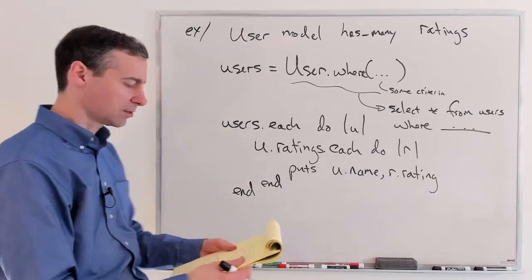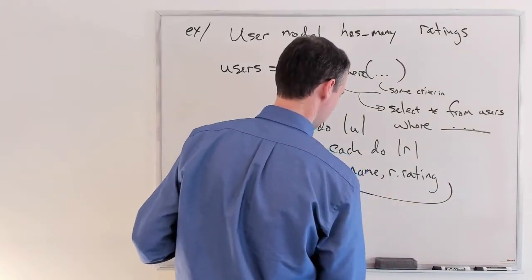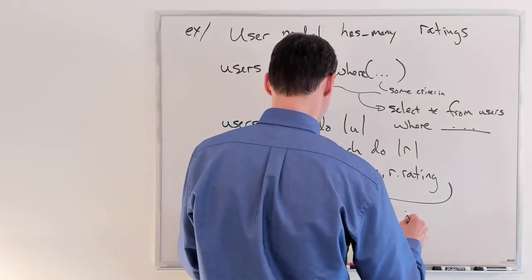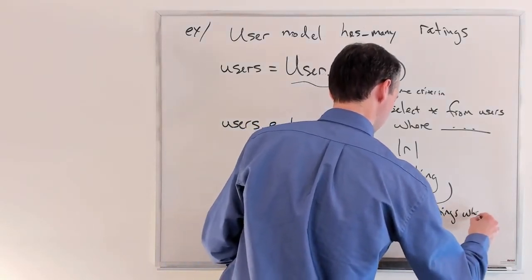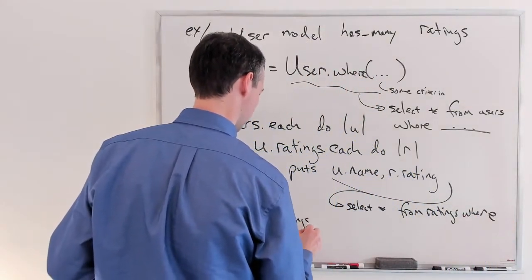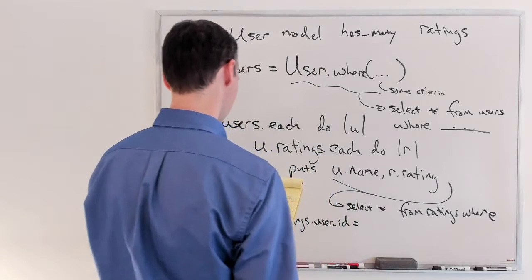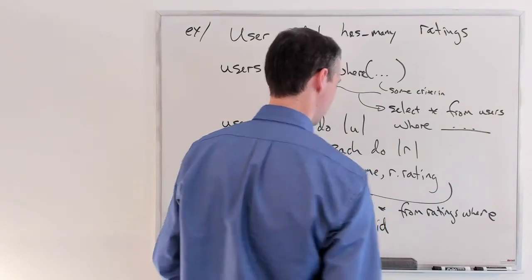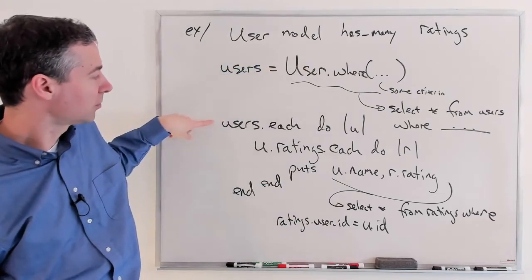Well, the downside of this is that when we do this portion in here, what this does is it triggers a query, which is basically select star from ratings where the ratings user ID is equal to our specified user.id.